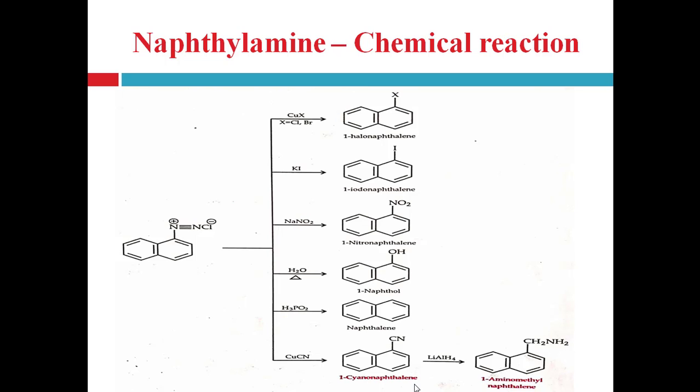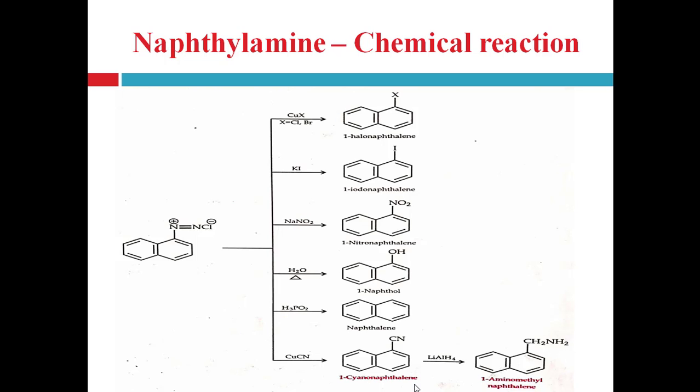So these are the synthetic applications of the naphthalene diazonium chloride salts. By using these salts, different naphthalene derivatives can be prepared: halonaphthalene, iodonaphthalene, nitronaphthalene, naphthol, naphthalene, then aminomethyl naphthalene.